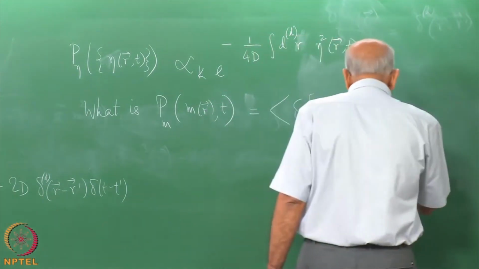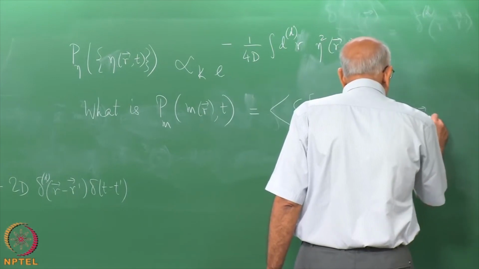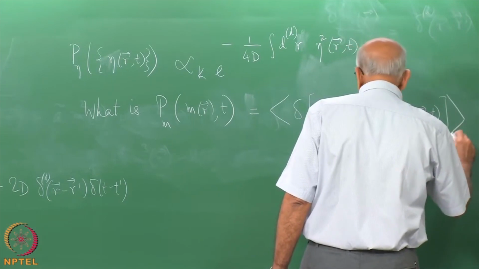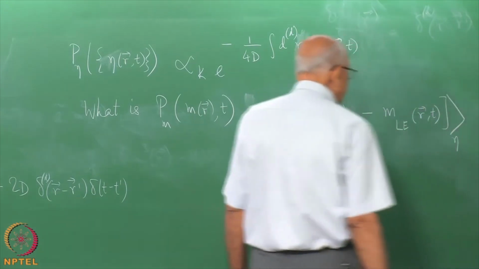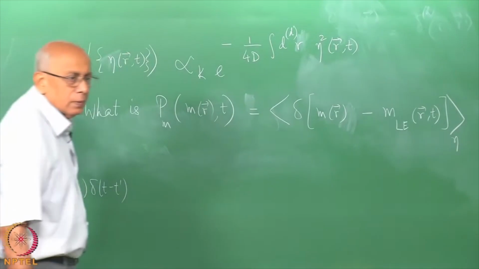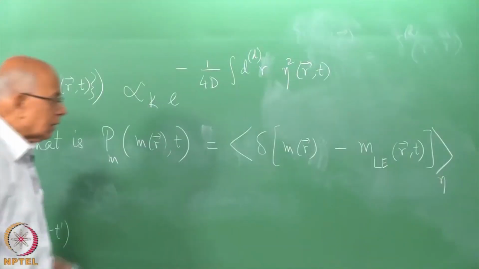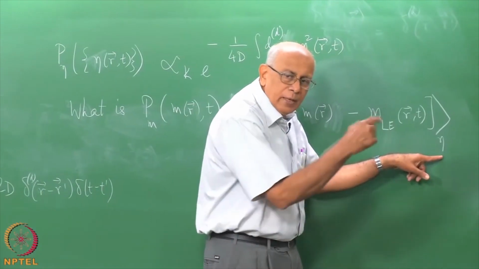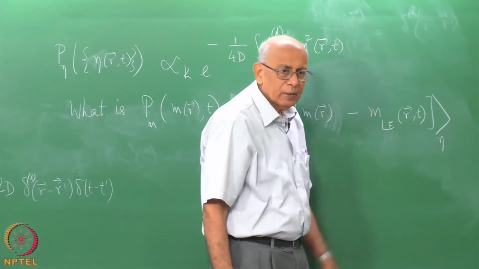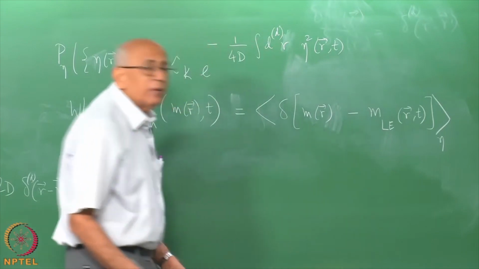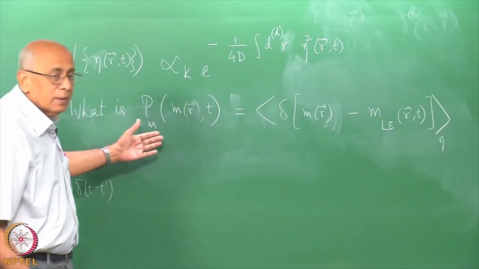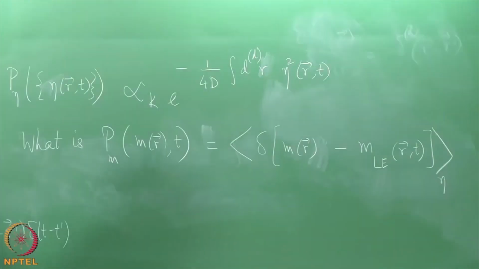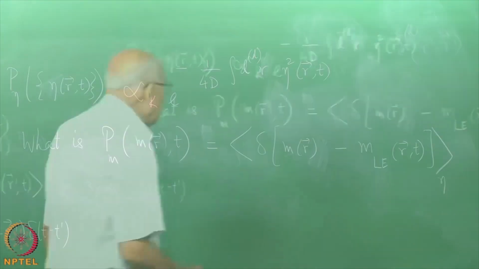So, if I call that m LE, this is a function of r and t, averaged over eta. In other words, the average is of this delta function, weighted with P sub eta. That is by definition the probability distribution of this configuration in m.